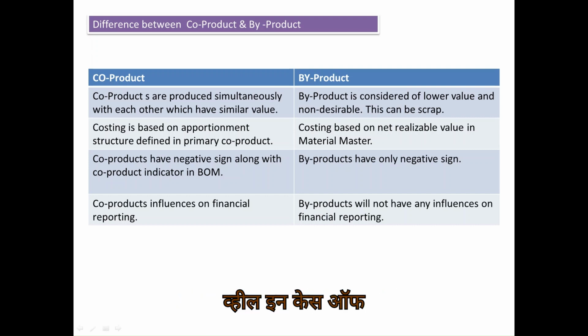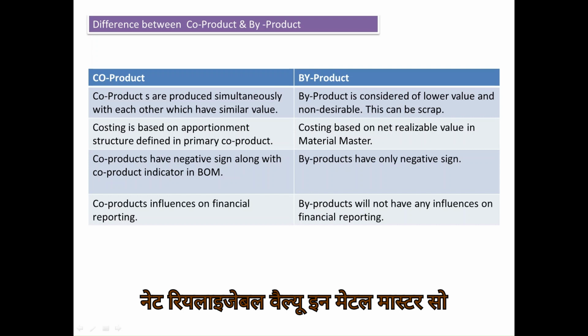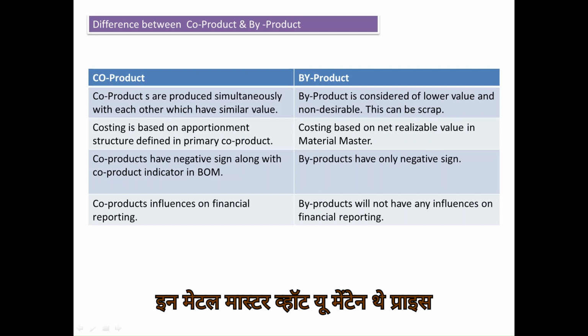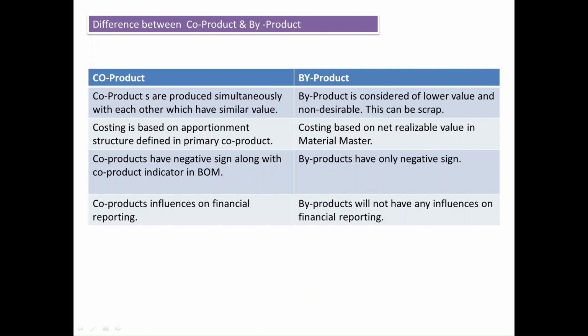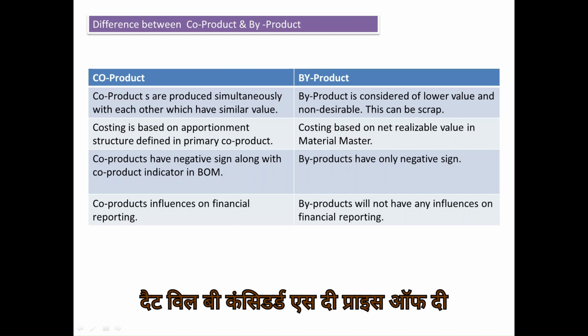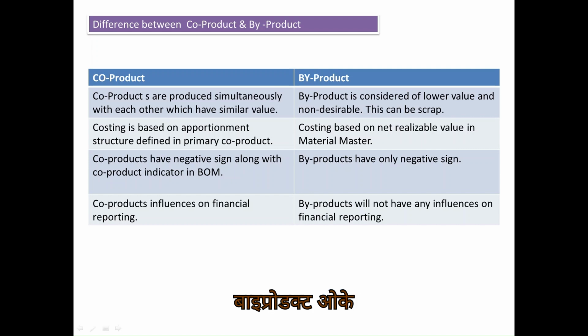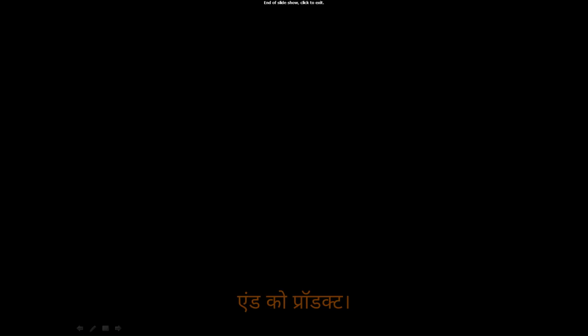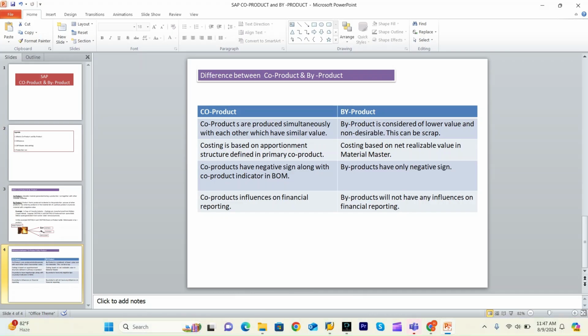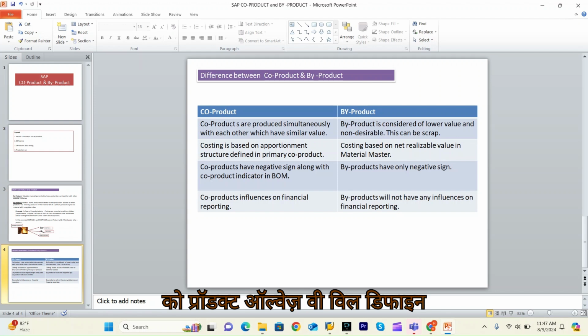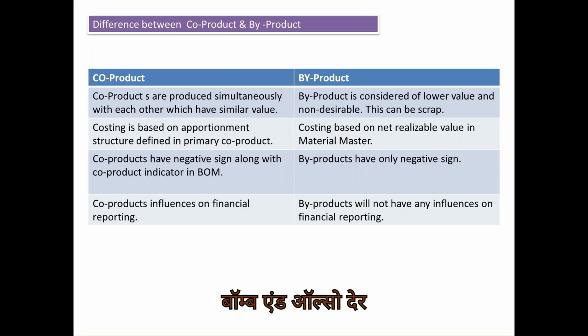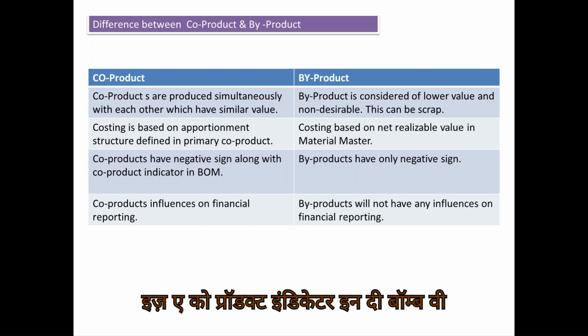Okay, while in the case of a byproduct, it is some kind of net realizable value in the material master. So in the material master, the price you maintain will be considered as the price of the byproduct. Okay, and a co-product we always define with a negative sign in the BOM, and there is also a co-product indicator in the BOM.